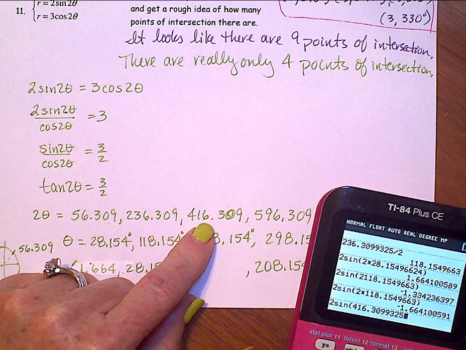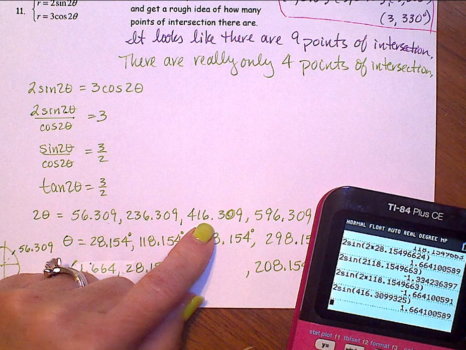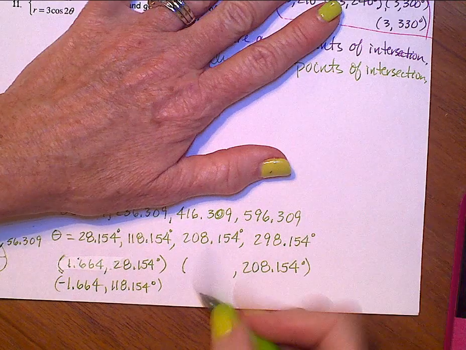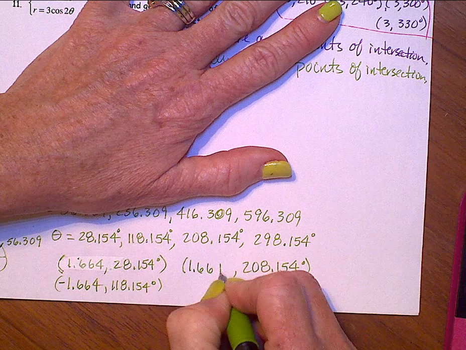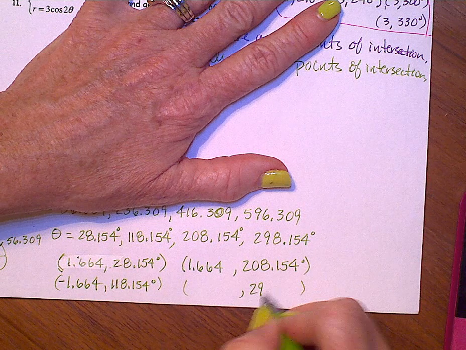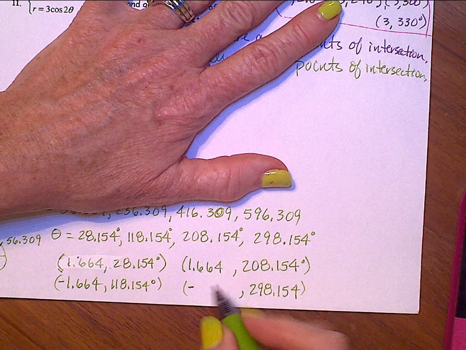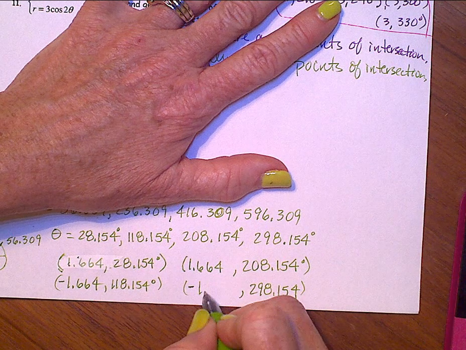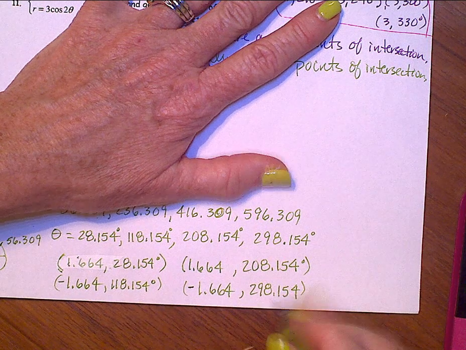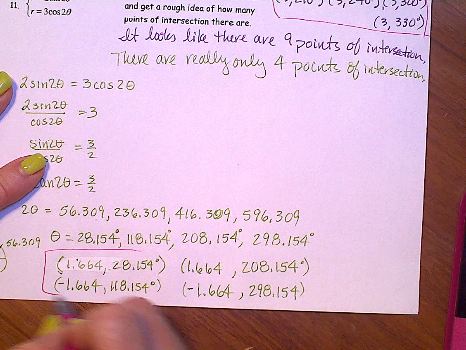So I already did the times 2, definitely. So that's 1.664. And when you substitute this last one in at 298.154, you will get a negative r value, negative 1.664. And there we go, your final answer for this problem.